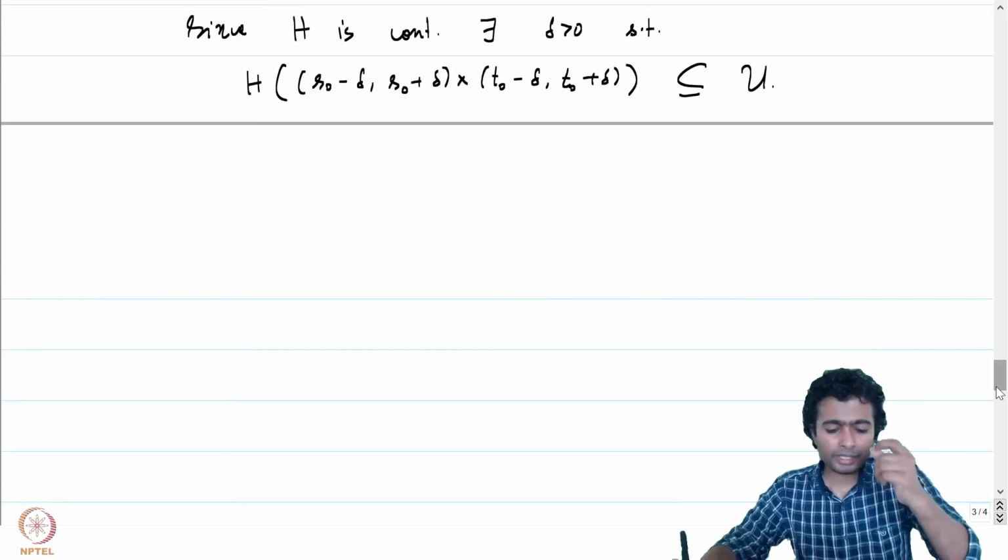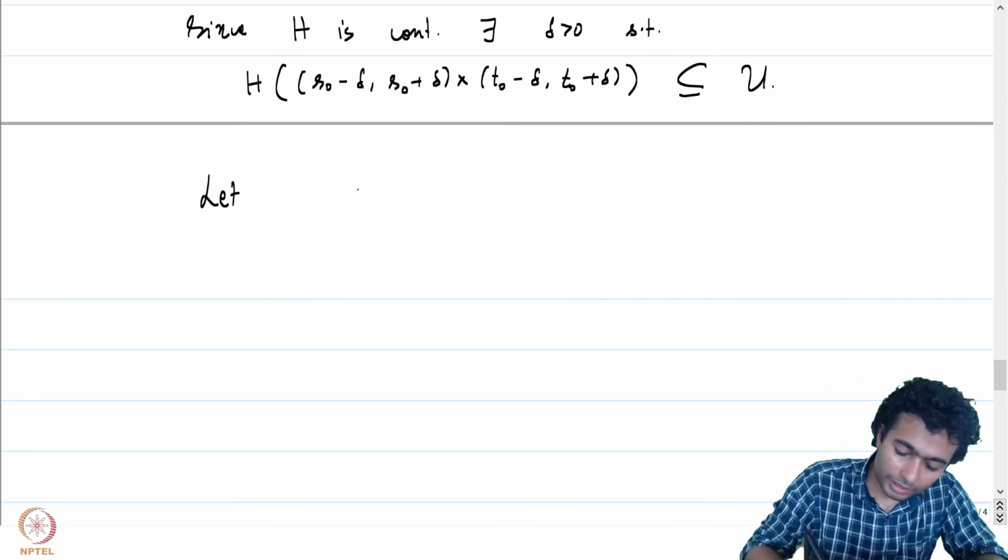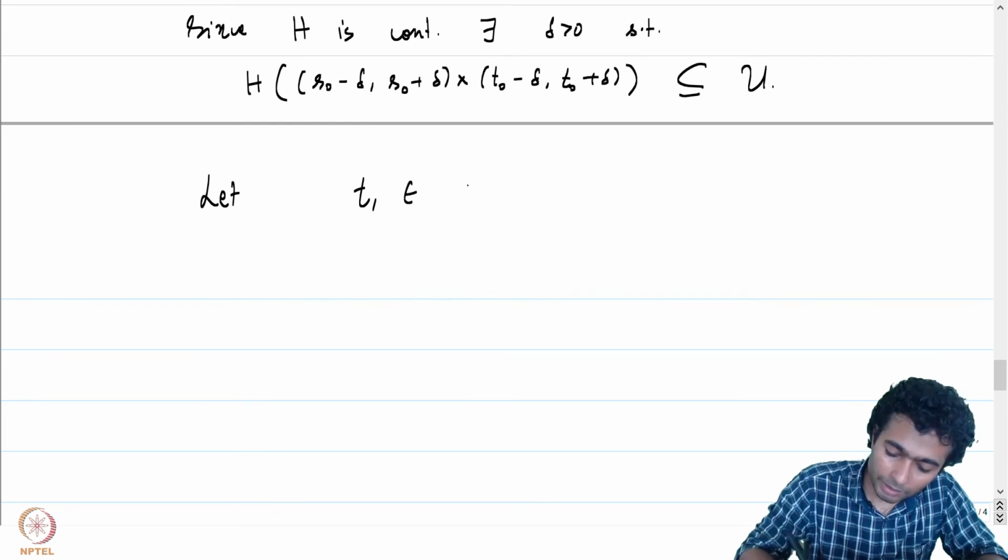And let's pick some point t which is less than t naught in this interval. Let t1 be a point in (t0 minus delta, t0).